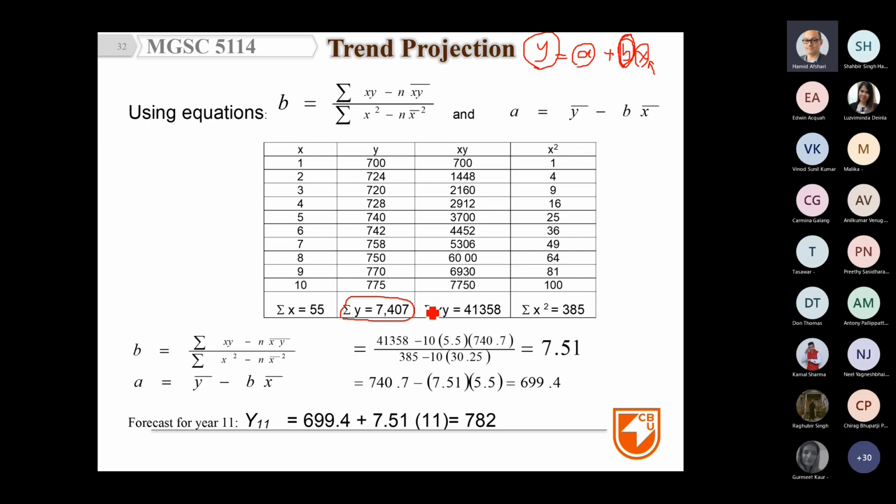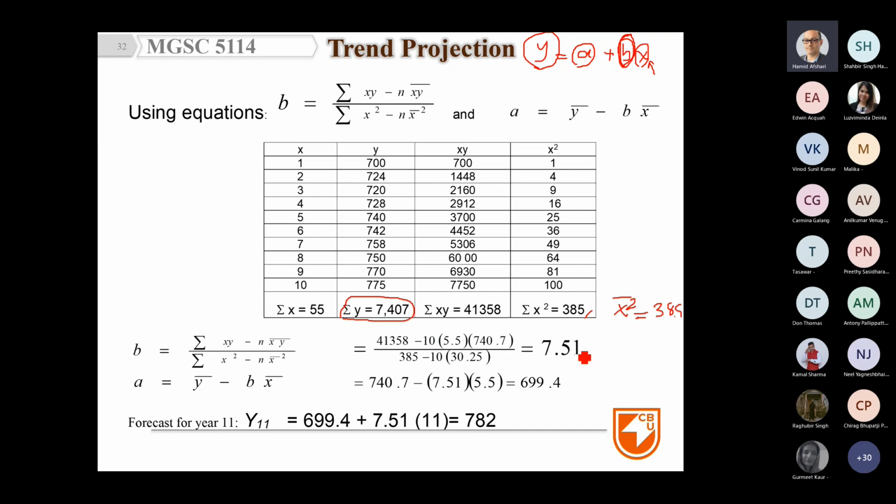Then the same thing, you need to calculate the summation of all x multiply y's and the summation of x squared, and then calculate the average of them as well, which is simply dividing them by the number of years. So the summation of x multiply y is 4135, and divided by 10 it will be 413.5.